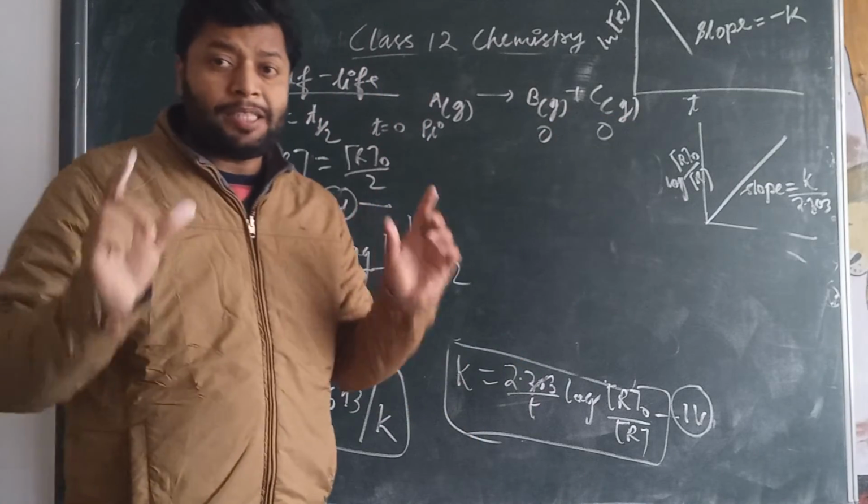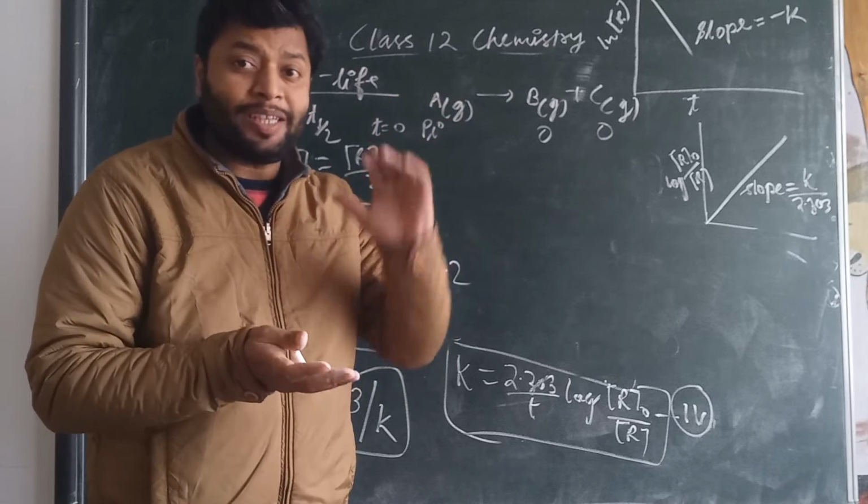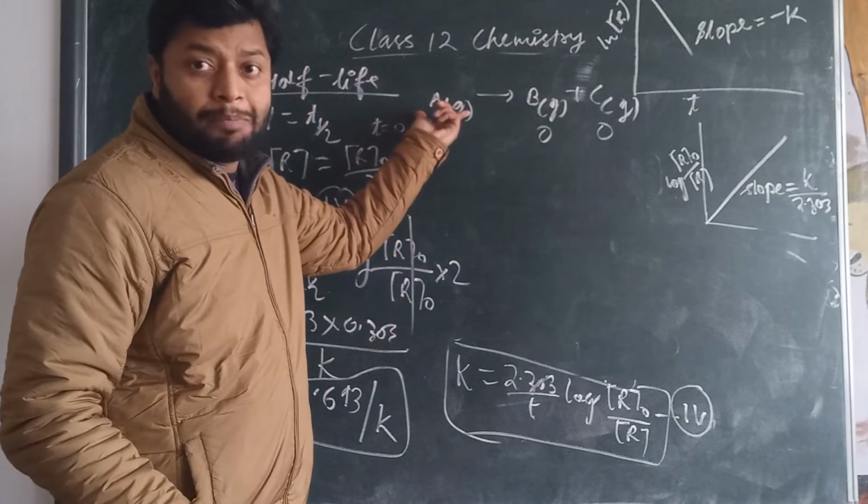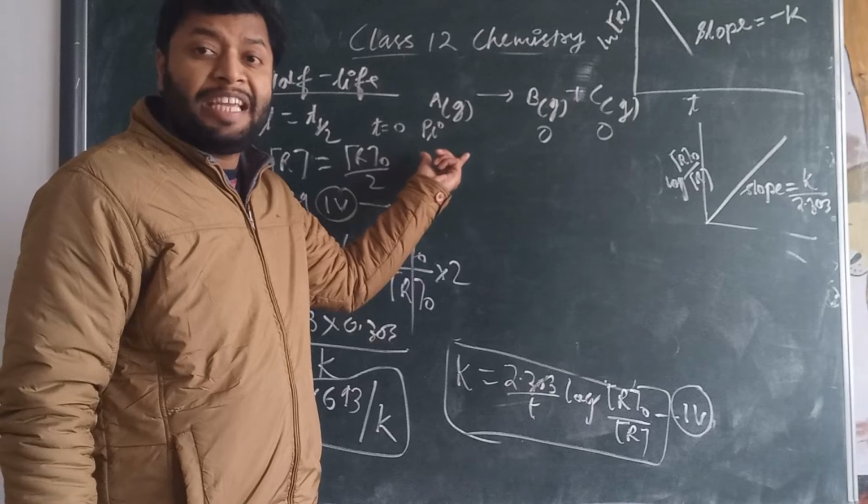So the total pressure inside the reaction vessel is the pressure of the reactants, and that is called P initial.